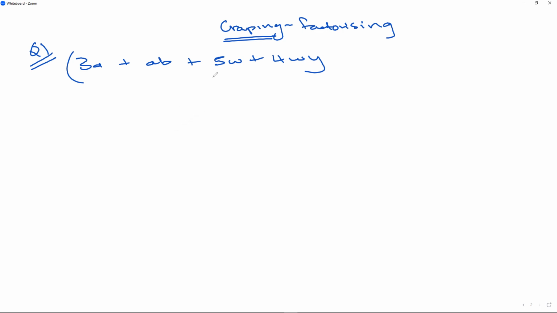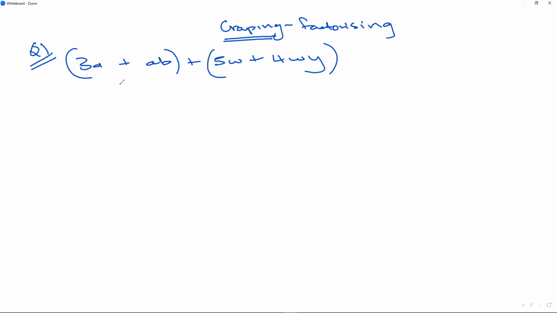I could also switch terms around and then put them in brackets afterwards. But at the moment I can see that these two terms have a common a, and these two terms have a common w. I'm going to try and factorize it and see.